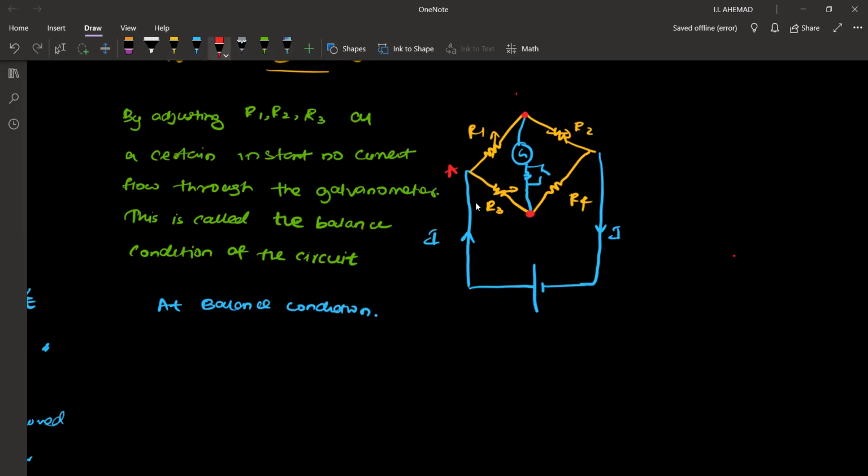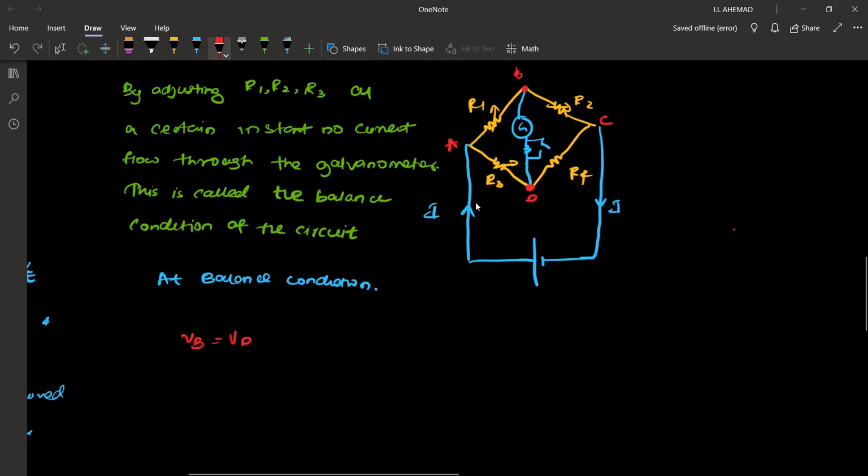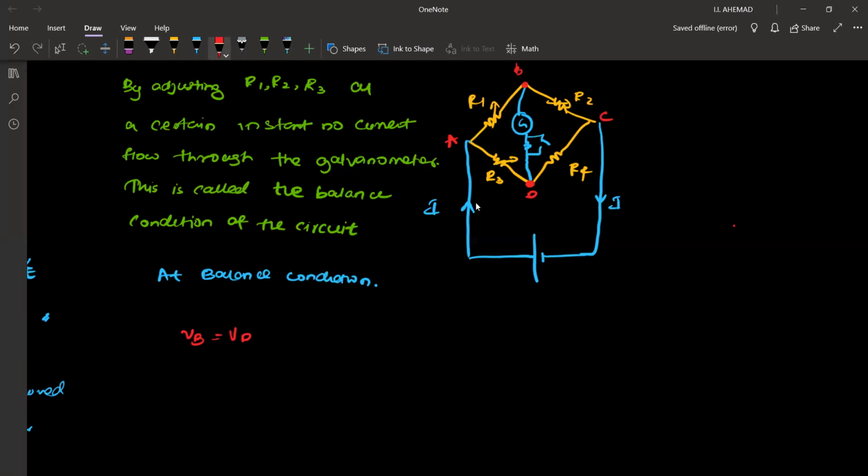So A, B, C, and D, we can tell that at balance condition, VB is equal to VD. If VB is equal to VD, then drop AB and drop AD are equal, right? Drop AB is equal to drop AD.